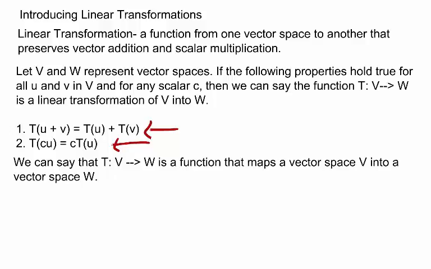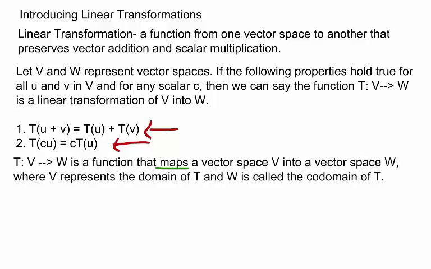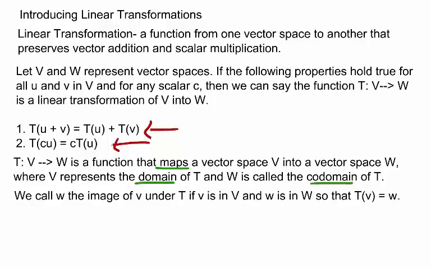We can say that T from V into W, in other words, a linear transformation of V into W, is a function that maps a vector space V into a vector space W. We call w the image of v under T if v is in vector space V and w is in vector space W, so that T of v is equal to w.